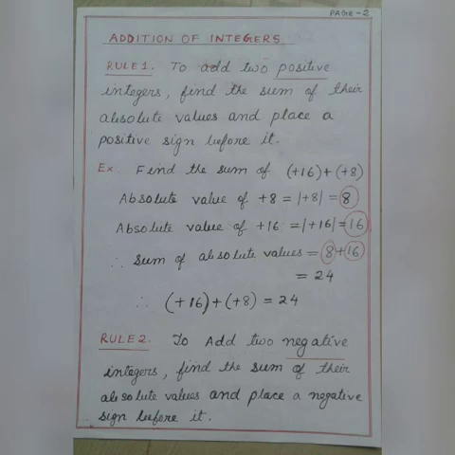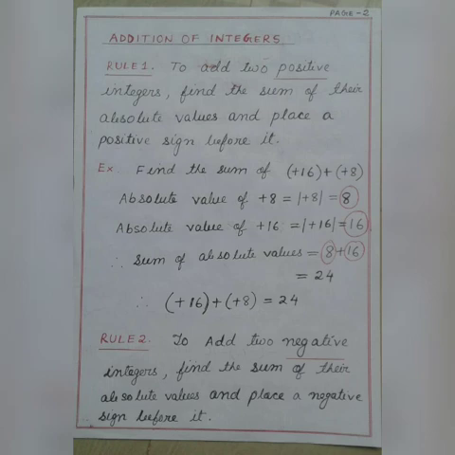To add 2 positive integers, find the sum of their absolute values and place a positive sign before it. I hope you remember absolute values. Absolute values are the numerical value of any integer. Its value is always positive. You have done some homework on absolute values also.